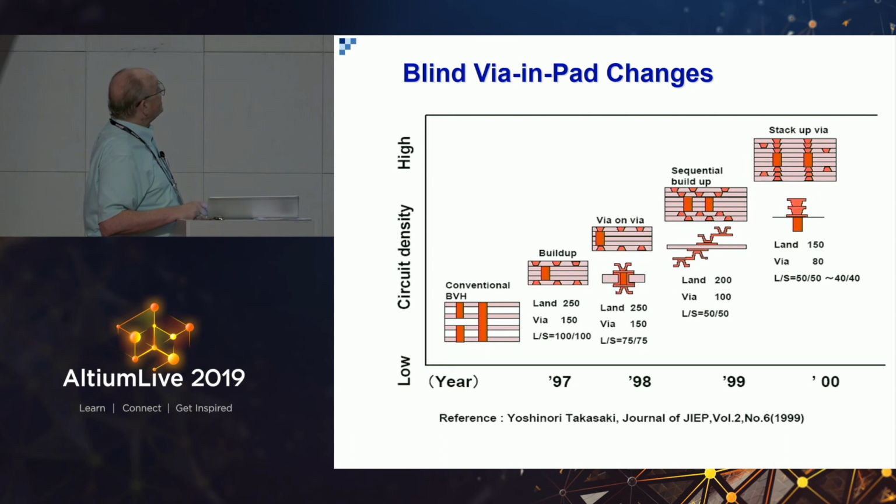So this is an interesting slide from the Japanese. It's interesting, the Japanese claim they invented microvias in 1997, 98, and 2000. And it was interesting because I showed them samples of our Hewlett-Packard microvias manufactured in 1982. I said, well, you guys invented it in 97.